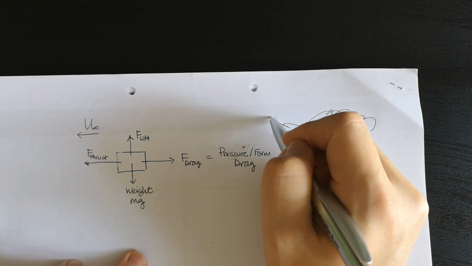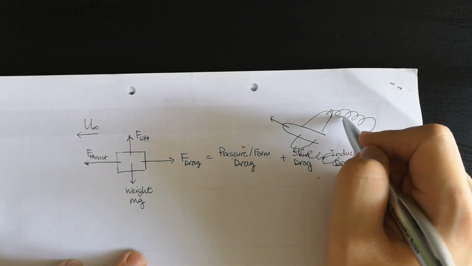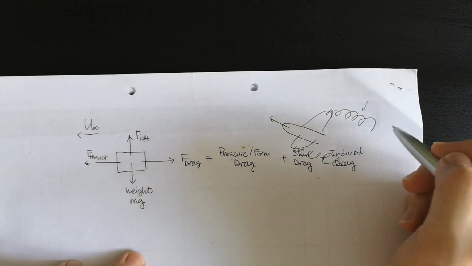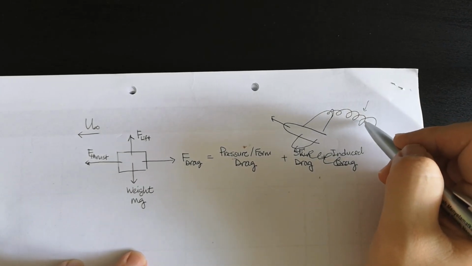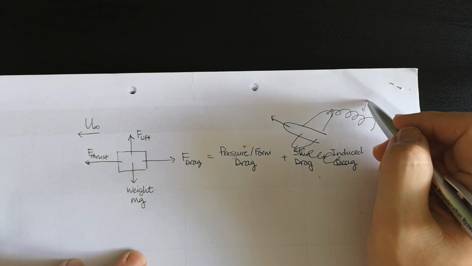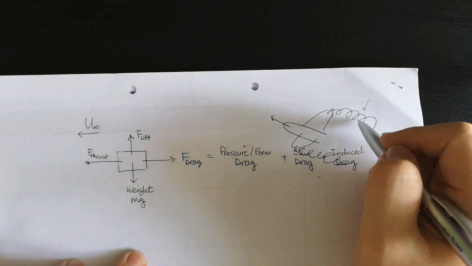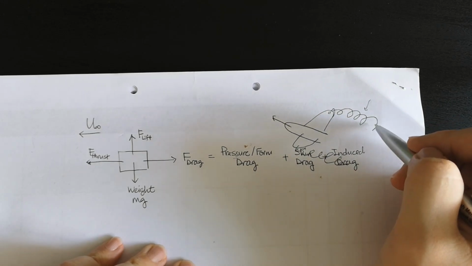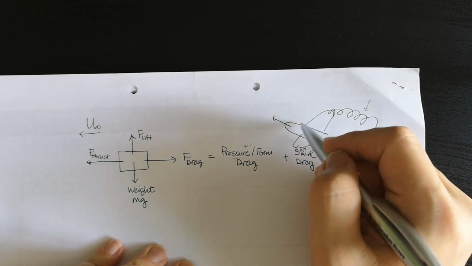As your aircraft moves forward, this is how the free vortex motion is formed, and we call this induced vortices, or wingtip vortices. These vortices basically will induce drag to the aircraft.